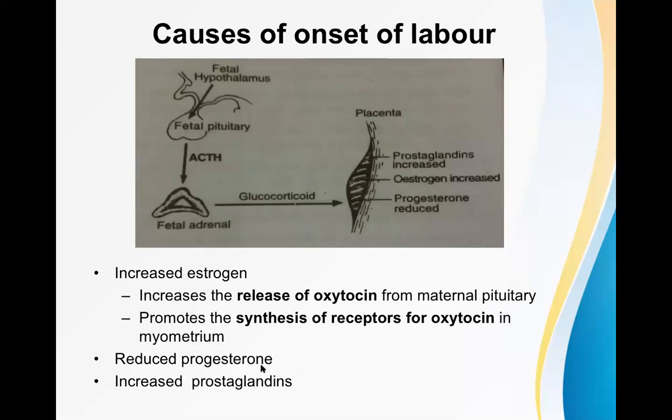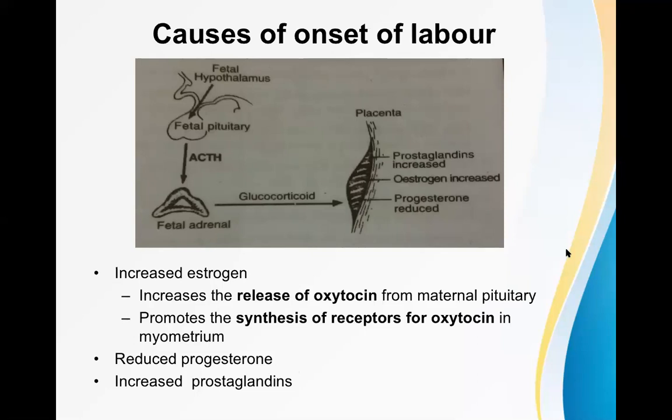At the same time, progesterone, remember, is a relaxing hormone. So if there is excessive progesterone, then uterine contraction cannot occur. So the level of progesterone should go down. Then only uterus can contract. So exactly that thing happens.